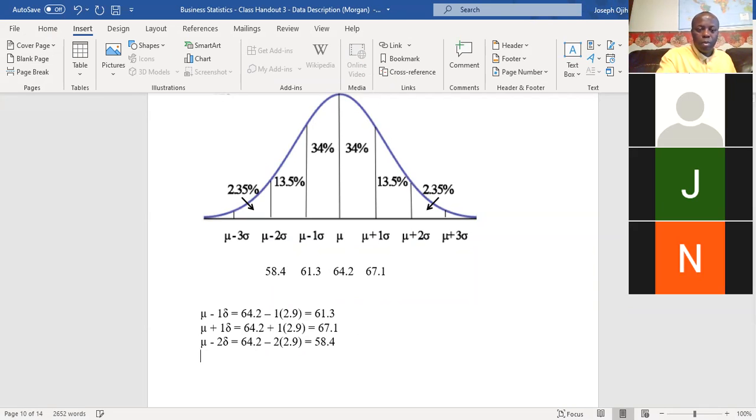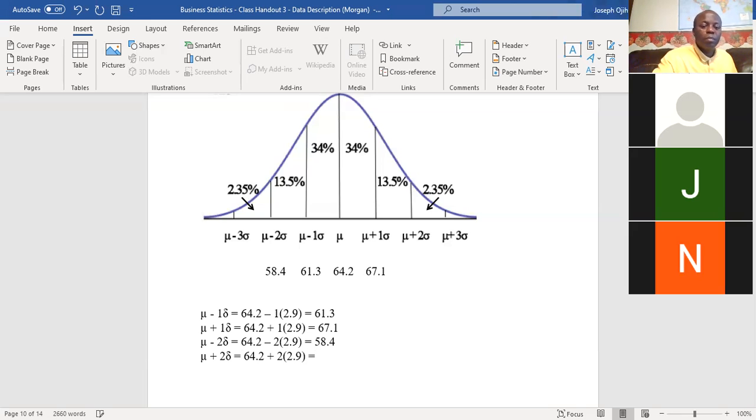We have mean plus 2 times standard deviation, which will give us 64.2 plus 2 times 2.9.